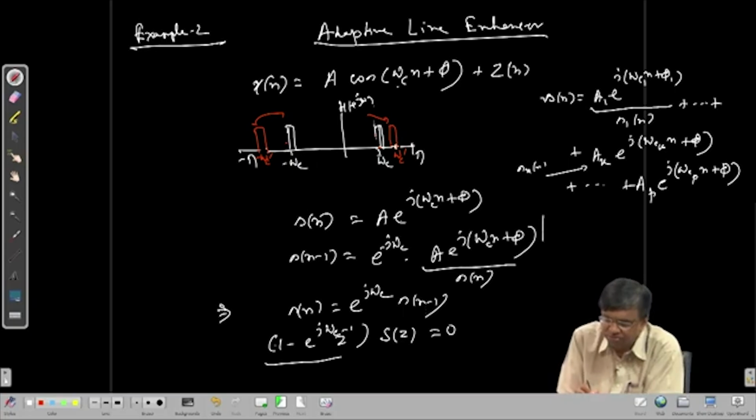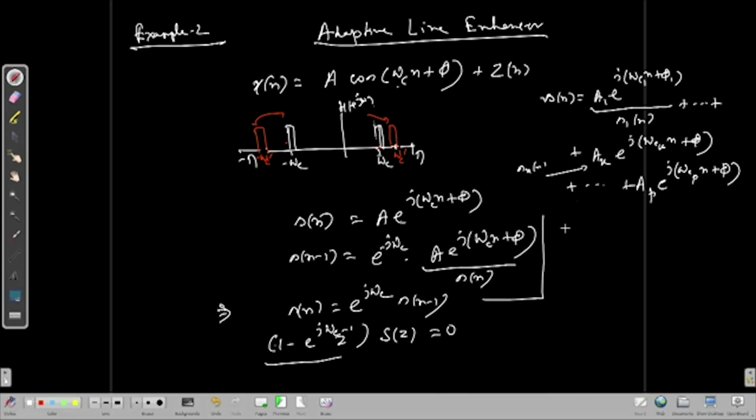So, suppose I form a product polynomial, that is 1 minus e to the power j omega c1 z inverse for the first, dot dot dot dot, I am multiplying them now, 1 minus e to the power j omega ck z inverse, dot dot dot dot, 1 minus e to the power j omega cp z inverse.